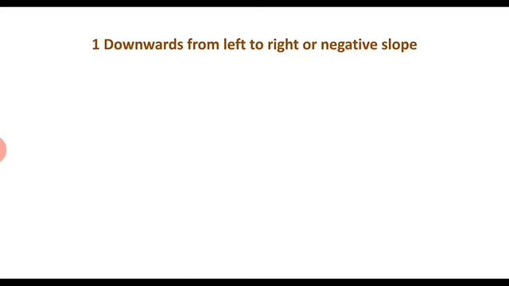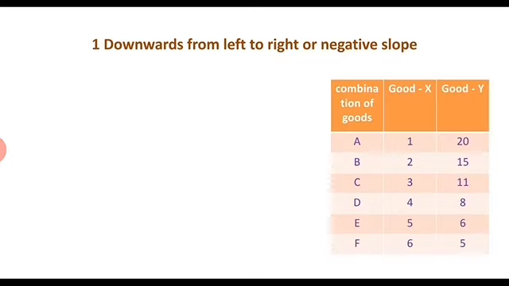First, indifference curves slope downwards from left to right, or indifference curves have negative slope. In the indifference schedule, among the same satisfaction giving combinations, if one good increases, the other good will decrease.